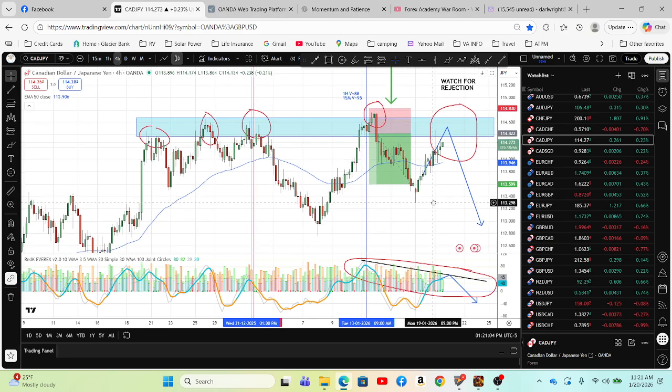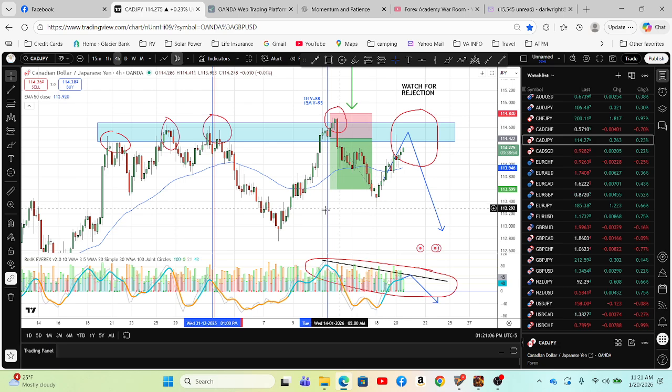But this one, what I am currently seeing is I'm seeing the market has made a pretty good impulsive move coming back up. It's showing rejection with these wicks right here. But what I need is I need it to come up further into this zone right here.